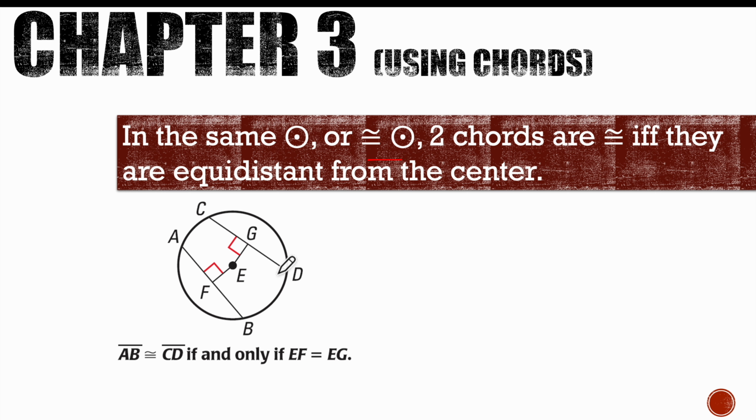Two chords are also congruent if they are equidistant from the center, which means EF, equidistance from the center, meaning if you draw a 90-degree altitude on this line AB, which is EF, and the same 90-degree on CD, which is EG, if these two are equal, EF equal to EG, this will mean that AB is congruent to CD. Also, the arc AB is congruent to arc CD. Okay, EF should be equal to EG.